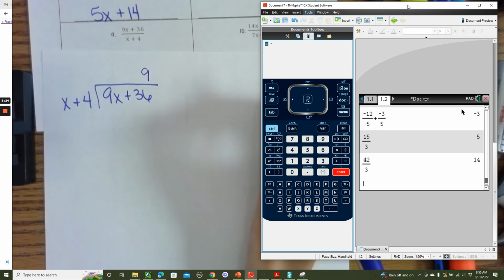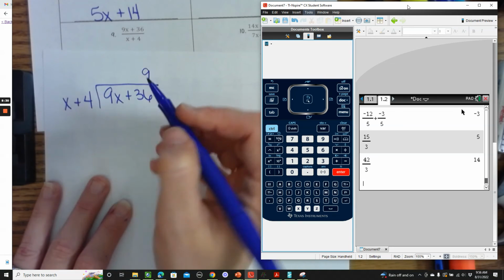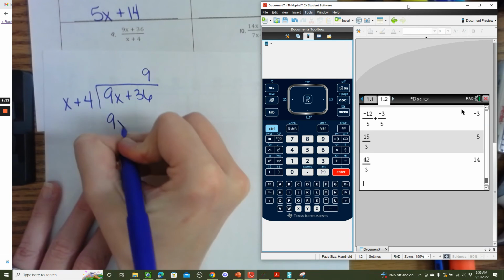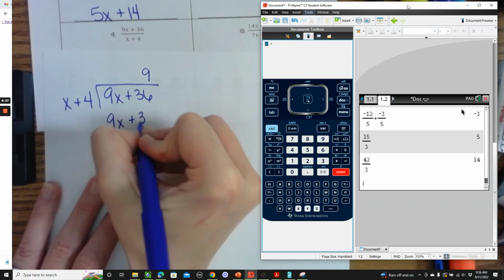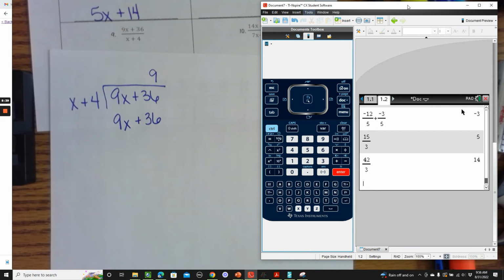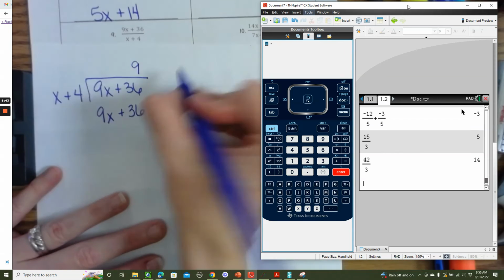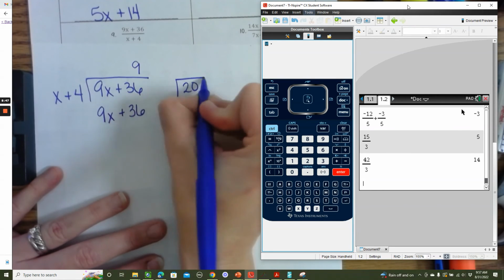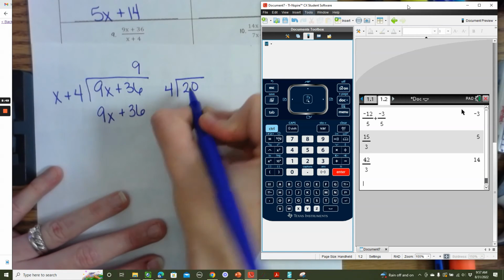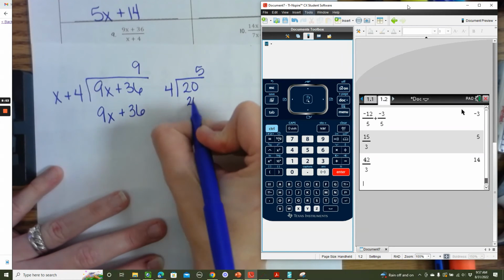And then just like when you did long division by hand in 4th and 5th grade, multiply the pieces. 9 times x is 9x. 9 times 4 is 36. Here's where it screws kids up. Remember when you did regular old division, right? 20 divided by 4. And you went 4 goes into 20 5 times. 4 times 5 is 20.